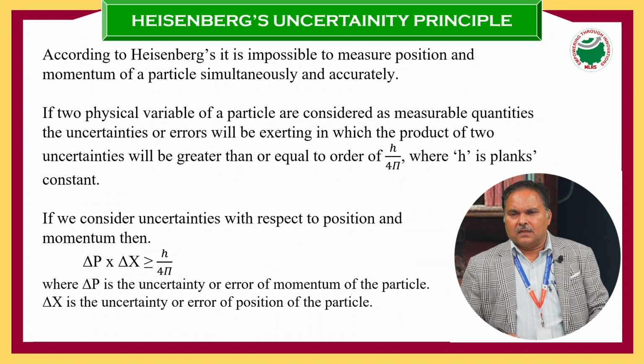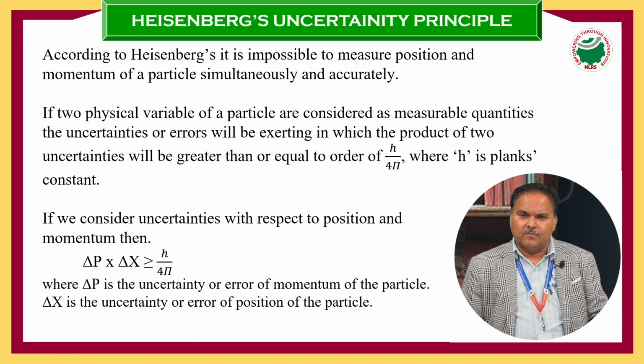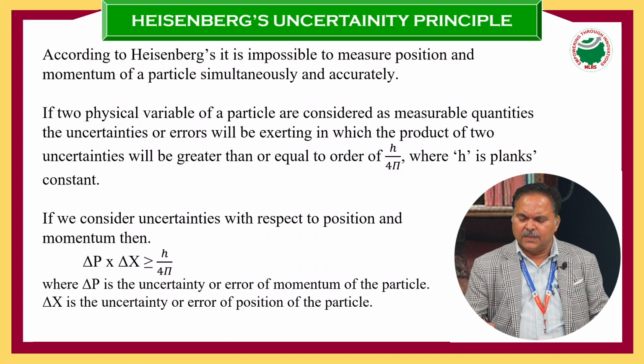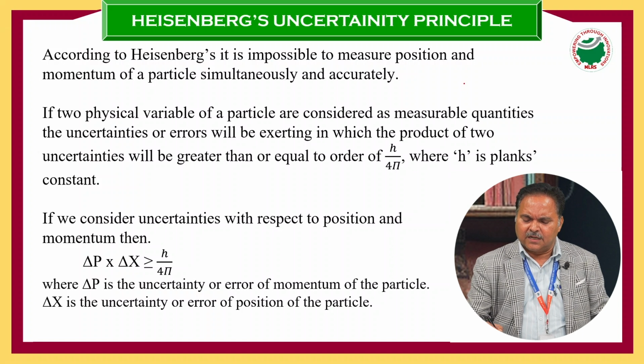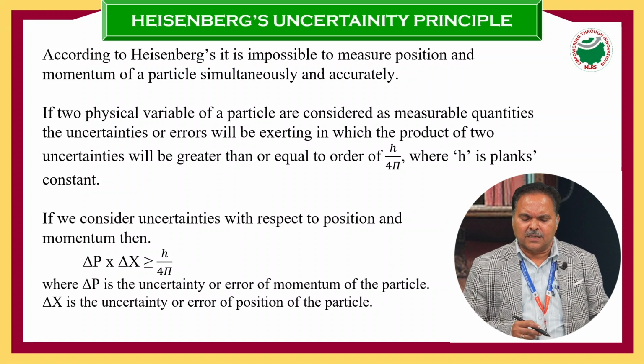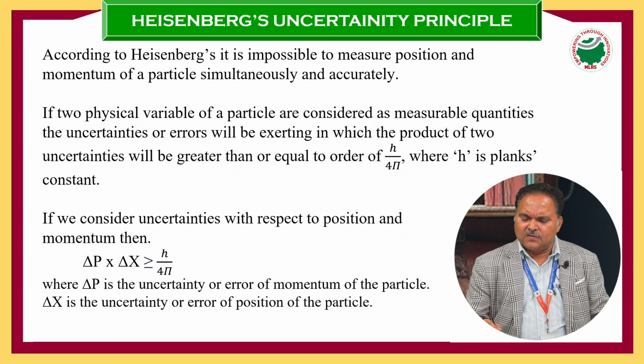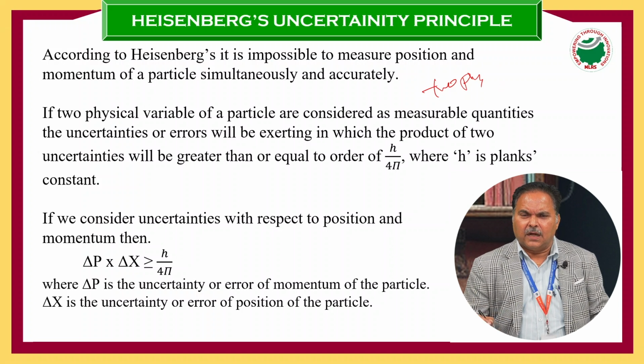Similarly, another topic is the Heisenberg uncertainty principle. It is a simple definition: we cannot measure two physical quantities accurately at the same time.